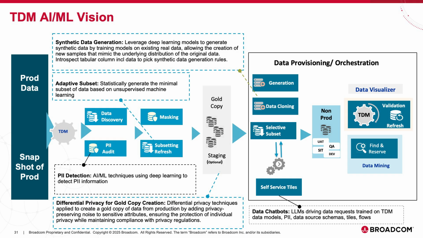We're going to talk about adaptive subset in the TDM session, so I'm not going to spend more time on that. But that's if I have characteristics that I need data for. So maybe I'm looking at education level, right? Did they graduate? Do they have an associate's? A bachelor's?